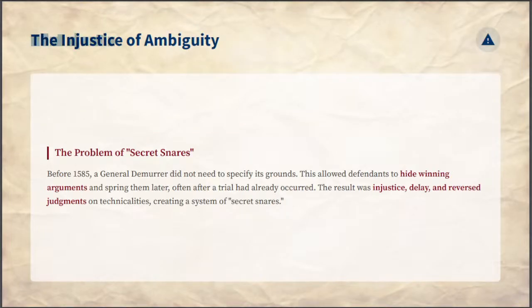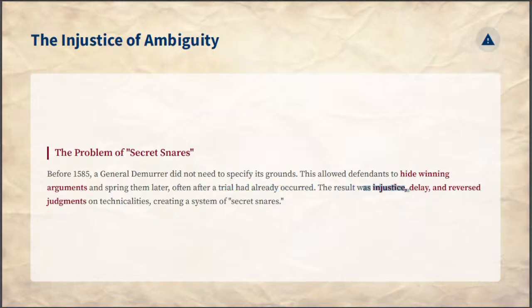So the injustice of ambiguity. This is the problem of secret snares. These are the little traps. Before 1585, a general demurrer, we'll get into the terms here, what general means as opposed to specific, a general demurrer did not need to specify its grounds. This allowed defendants to hide winning arguments and spring them on later, often after a trial had already occurred.